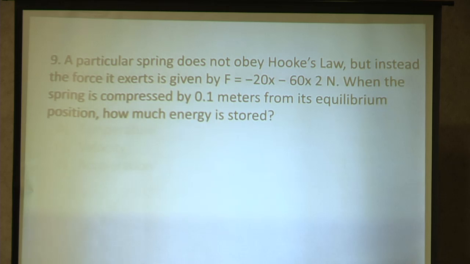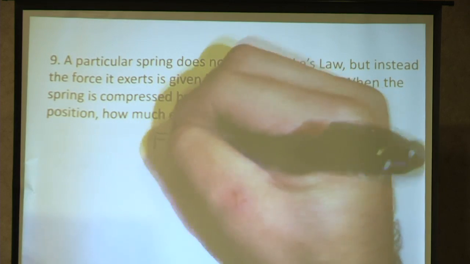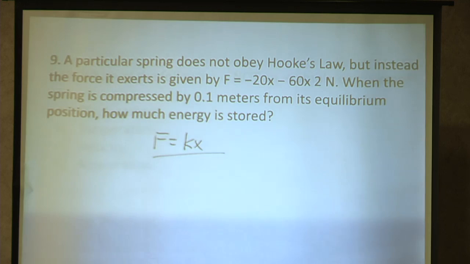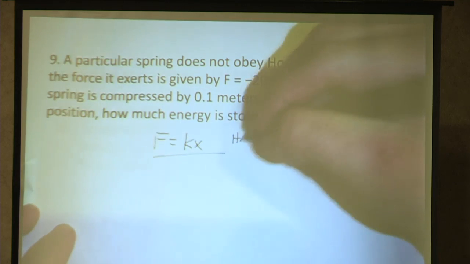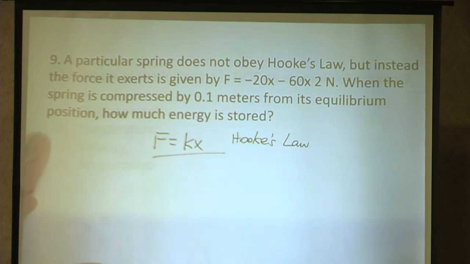All right. So number 9, we have a particular spring that doesn't obey Hooke's law. What is Hooke's law, just for quick review? F equals kx, or negative kx, depending on how you want to write it. But in this case, the spring doesn't follow it.